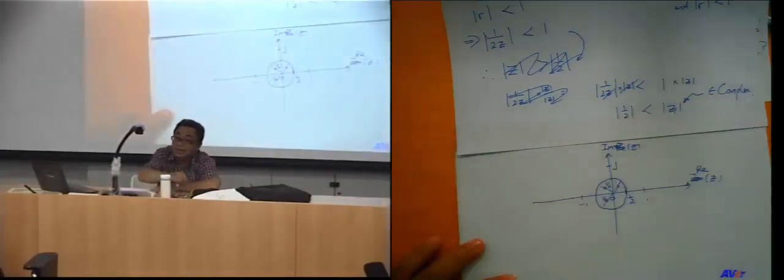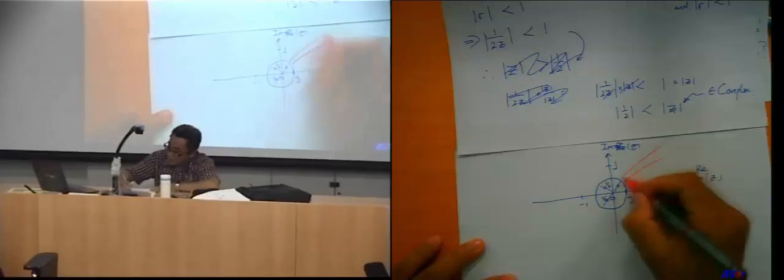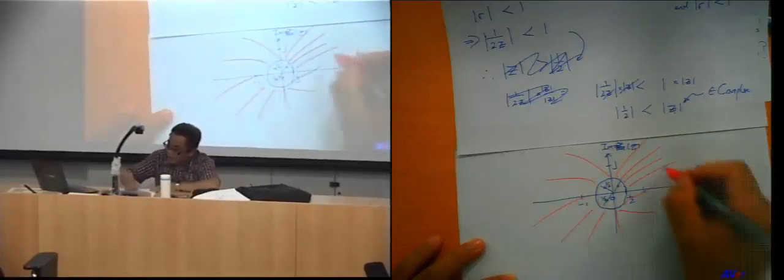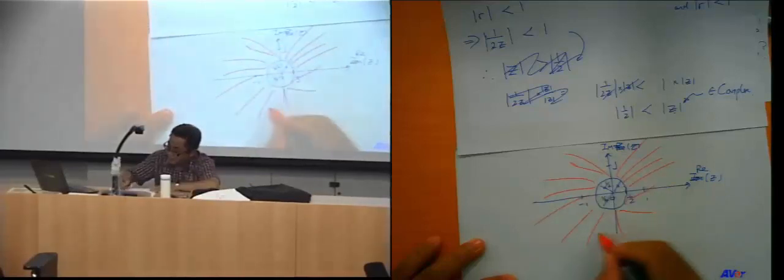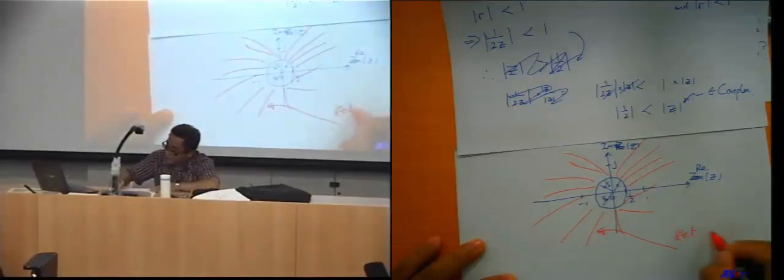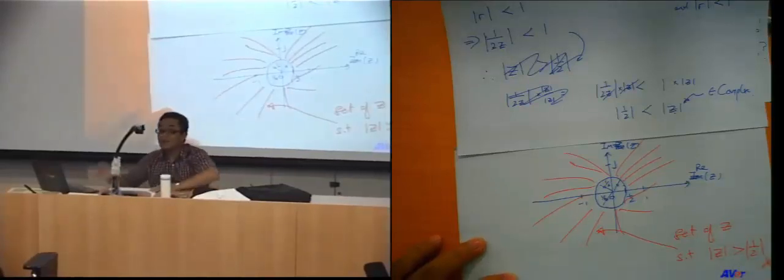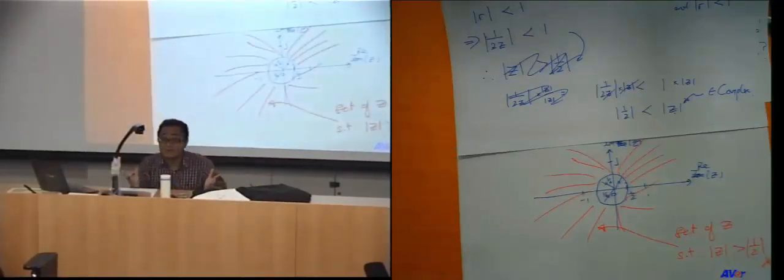Where? So all these, the set of Z such that... correct? Now you understand the region of convergence.